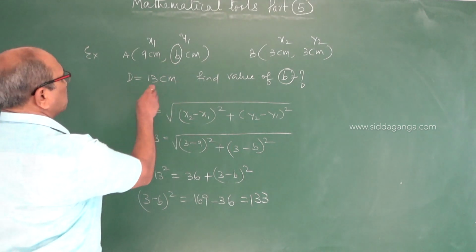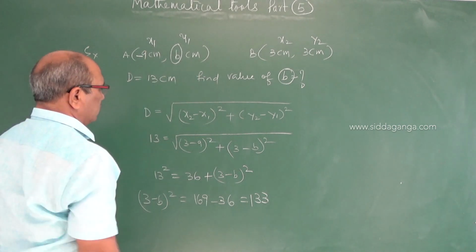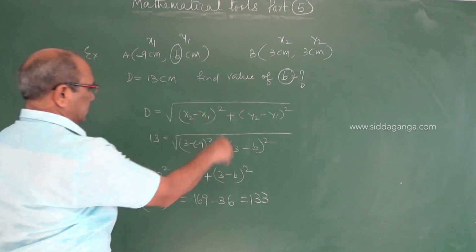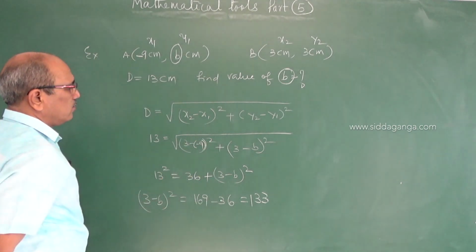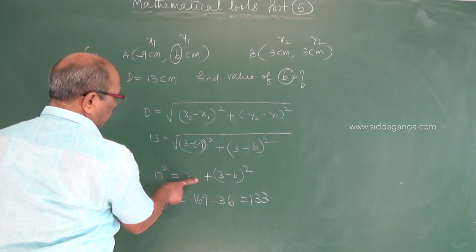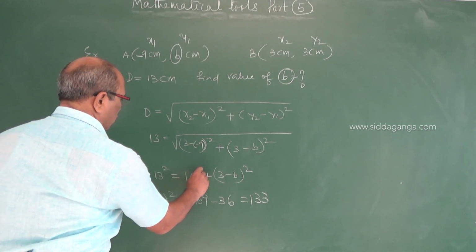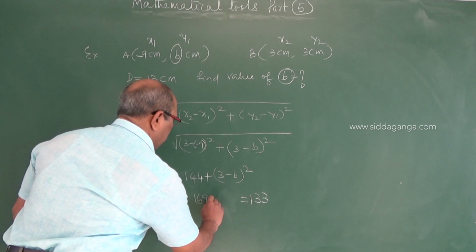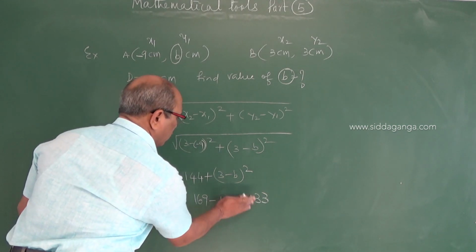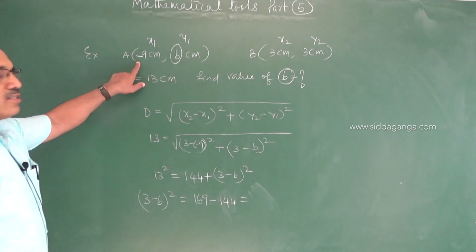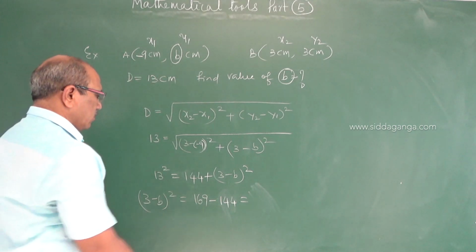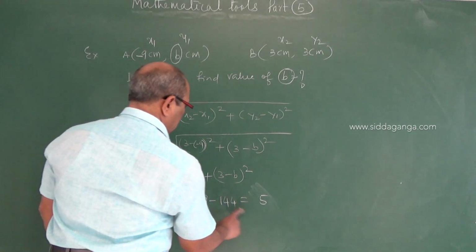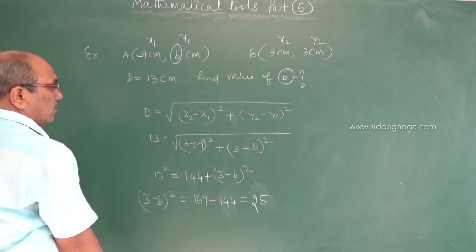So instead of plus 9, if you take minus 9, let us assume it becomes 144. So if you subtract, minus 144, instead of plus I made it minus 9. 169 minus 144 is 25.